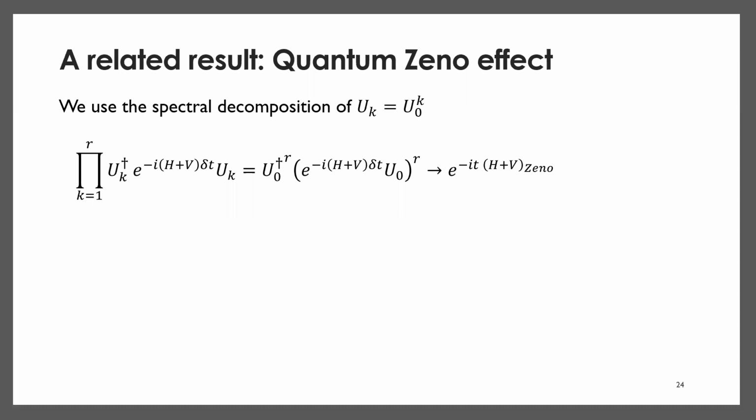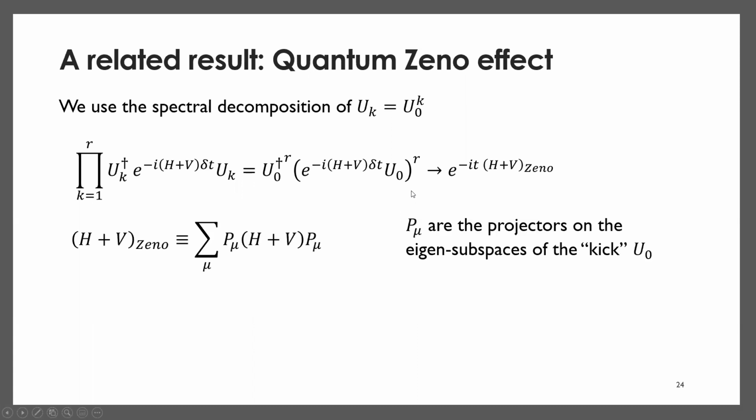When we apply this kick in between the evolution, it will project the state of the system onto subspaces that are defined by these unitaries U0. In particular, the subspace here corresponds to the eigensubspace of U0.